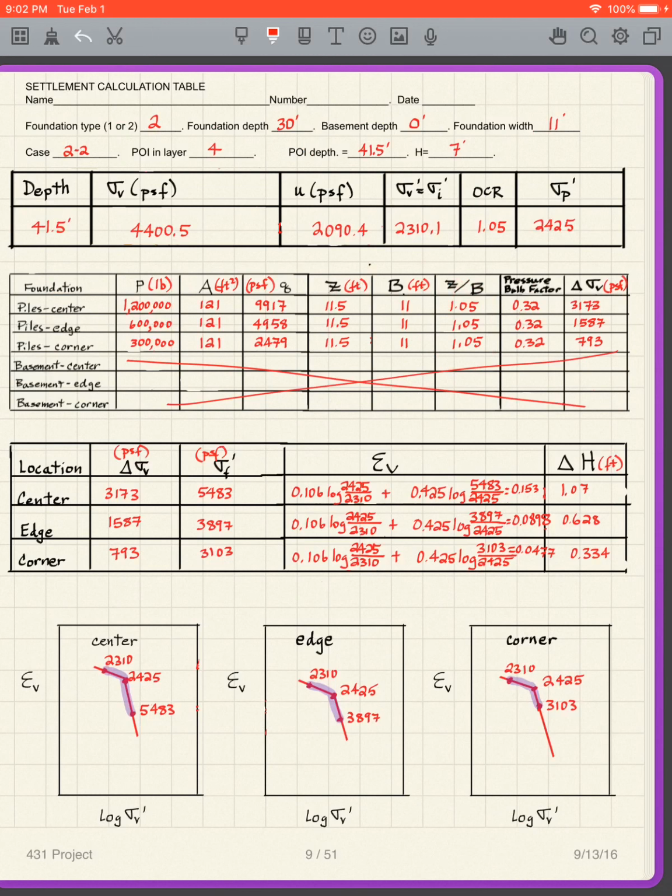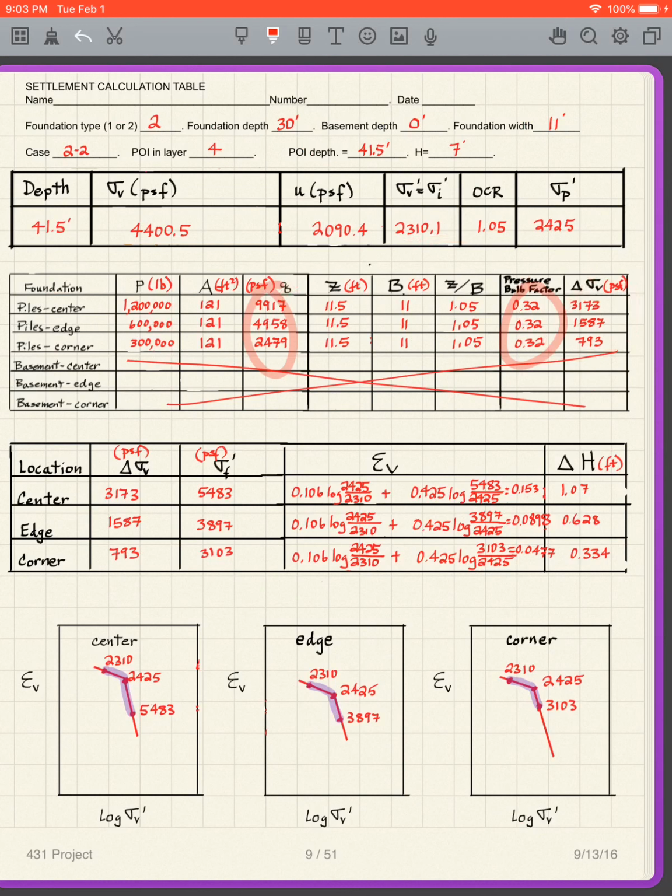And now I read the pressure bulb beneath the center of the pressure bulb. For all of these, it's below the center of the pressure bulb when I have a type 2 foundation. I don't do the corner trick anymore. And then I take the pressure bulb times the Q. It gives me these values right there.